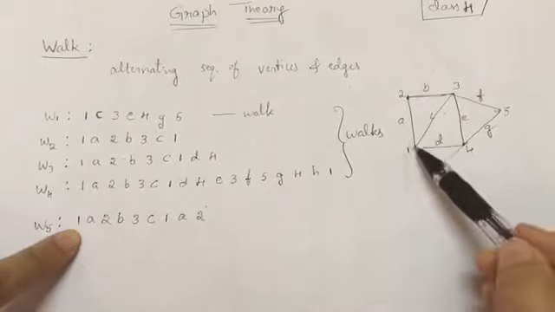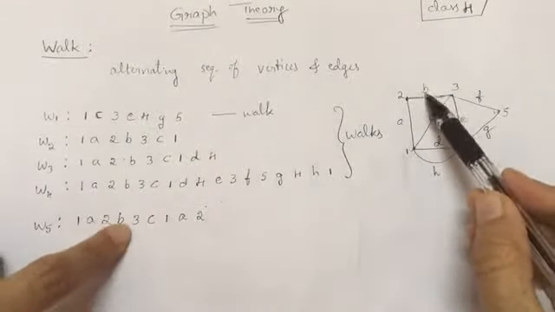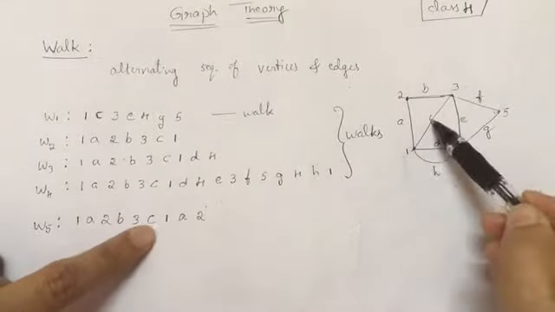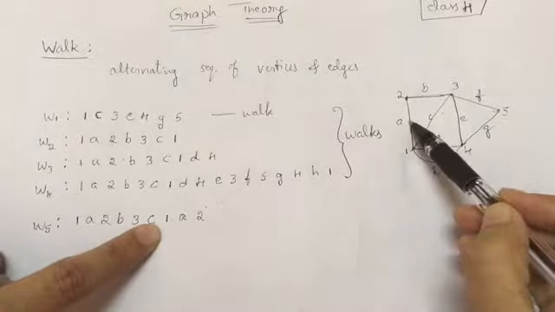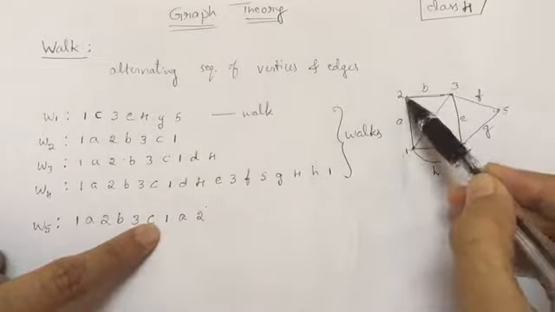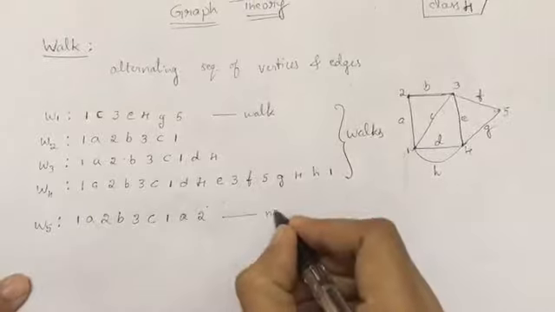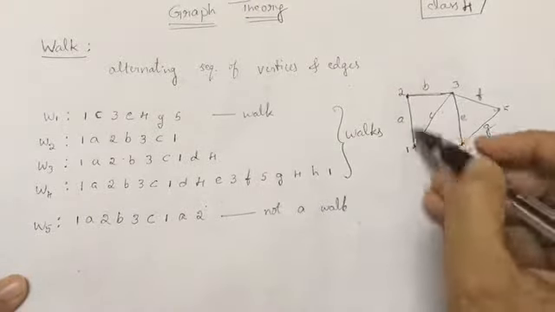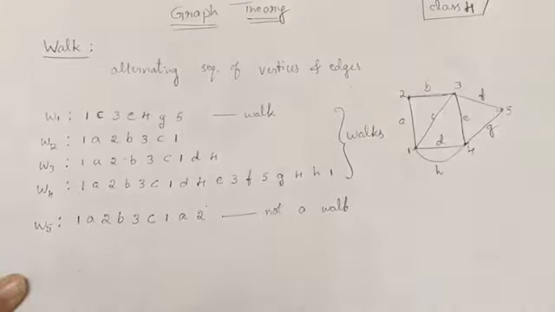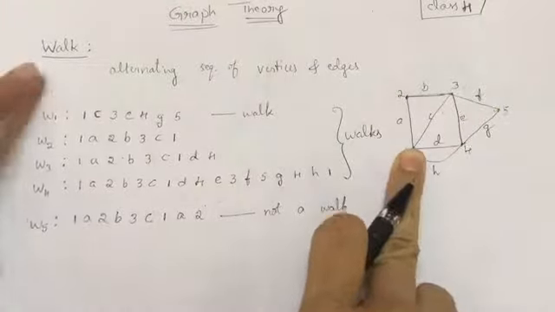Now I'll start with vertex 1, A, 2, B, 3, C, 1, and again I'm taking edge A and coming back to vertex 2. So now this is not a walk. Why? Because I'm repeating edge A twice. I'm taking this route twice, so that should not be the case.